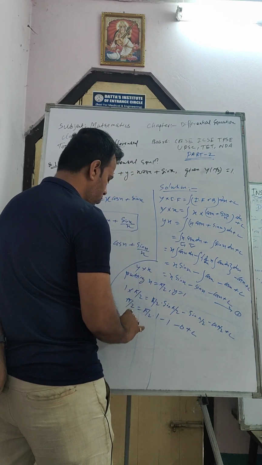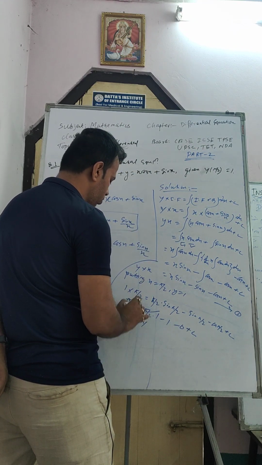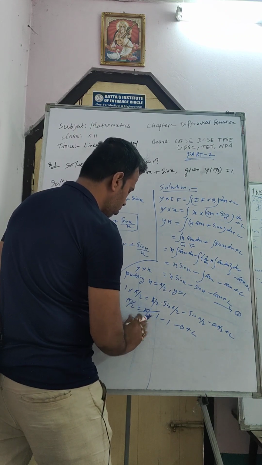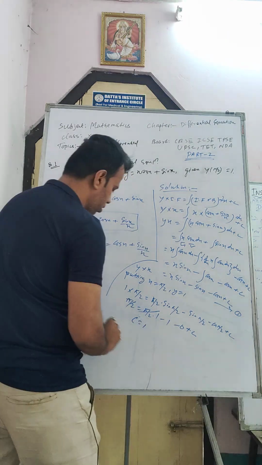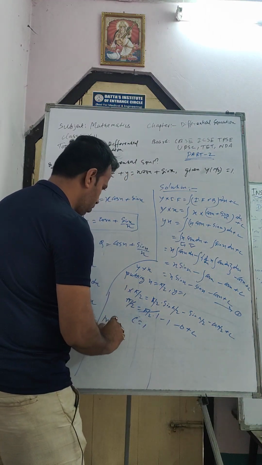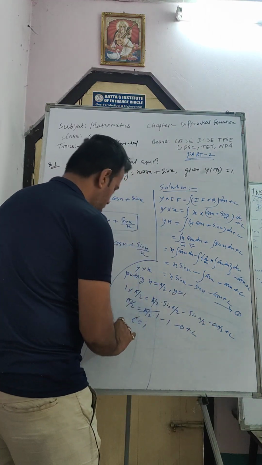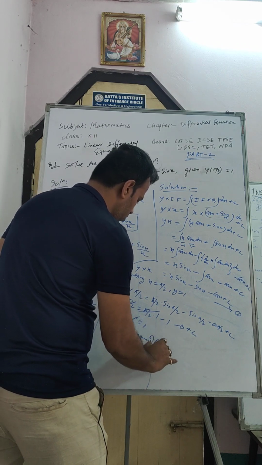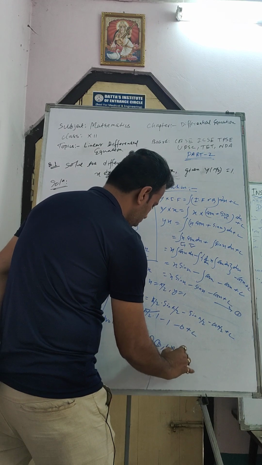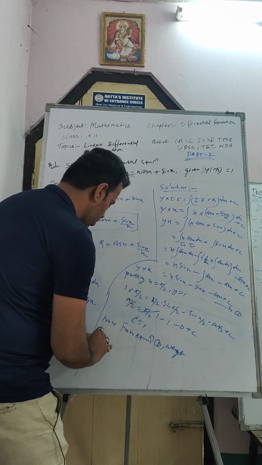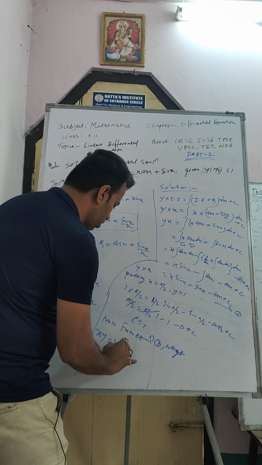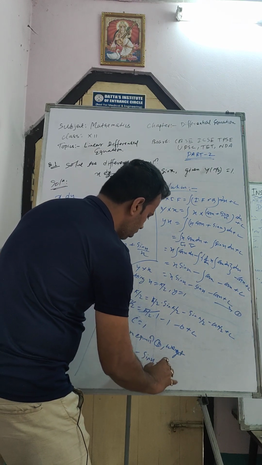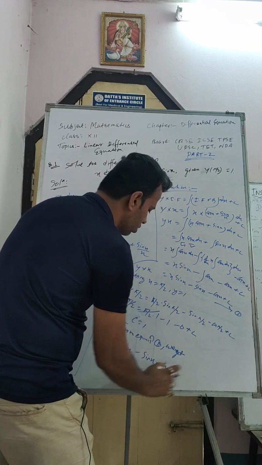So pi by 2 equals pi by 2. This will cancel, so c will be, sorry, c will be 1. Now from equation 1 we get xy equals x sin x minus cos x plus 1.